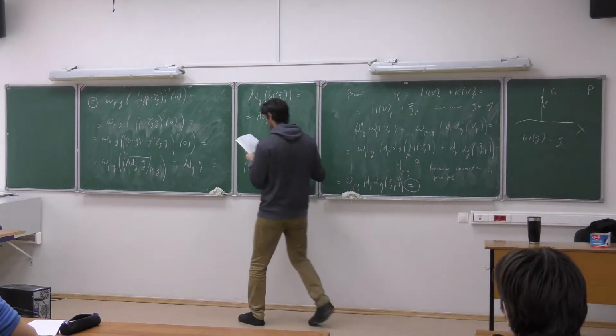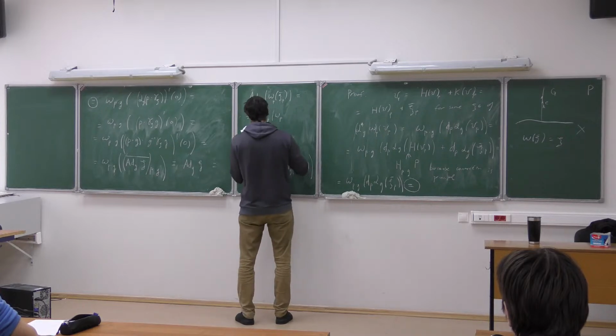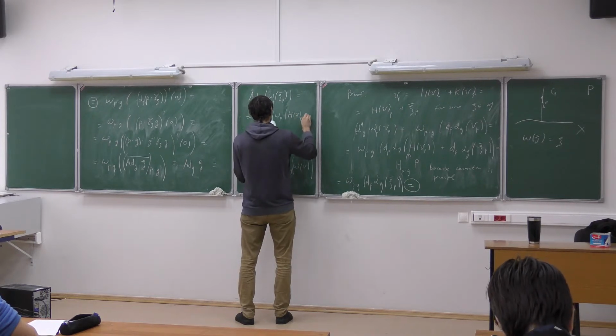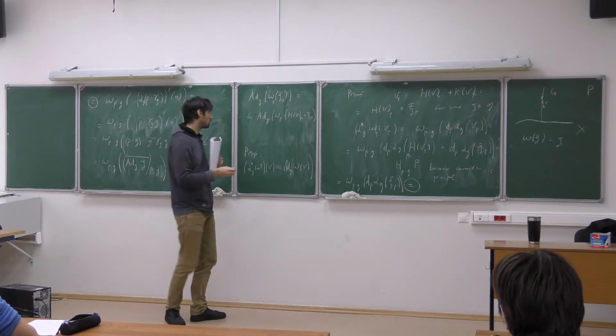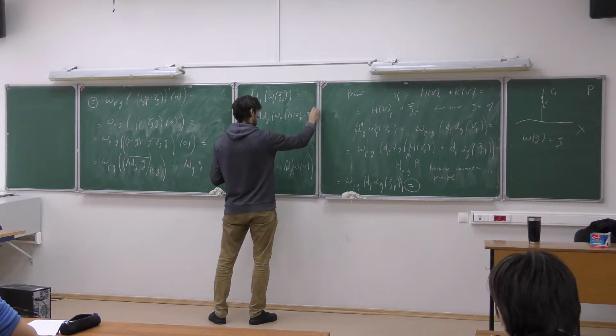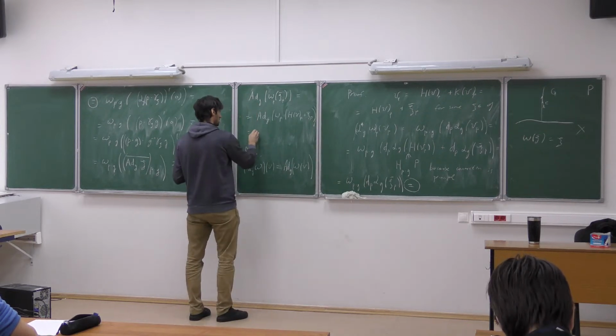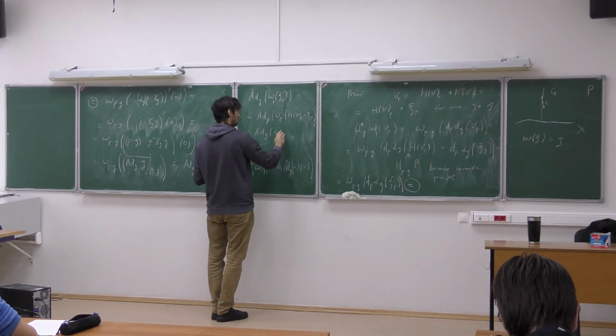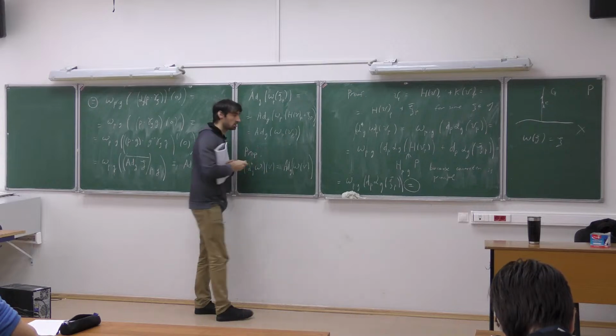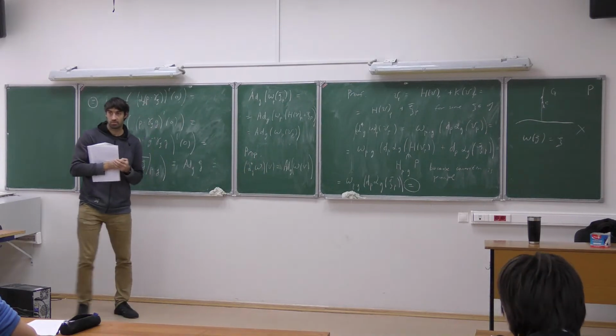I'm inserting it back, and I get omega P of H of V P plus psi bar P. Right? And this is at G of omega P of V P. So we are done.